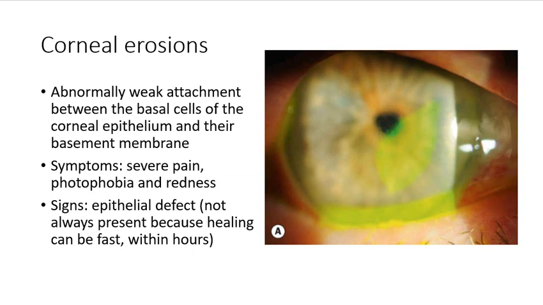You can see on the picture here the epithelial defect where fluorescein has been instilled, and the patient is being looked at under a slit lamp, and the fluorescein has pooled in that area of cornea just in front of the pupil.